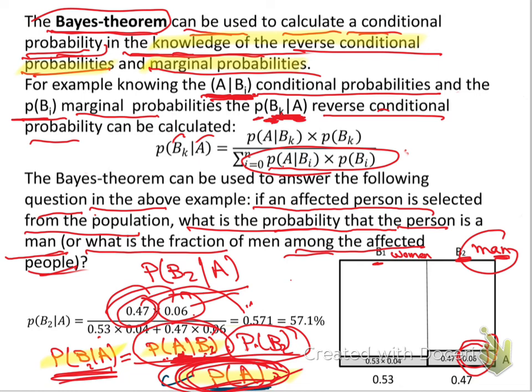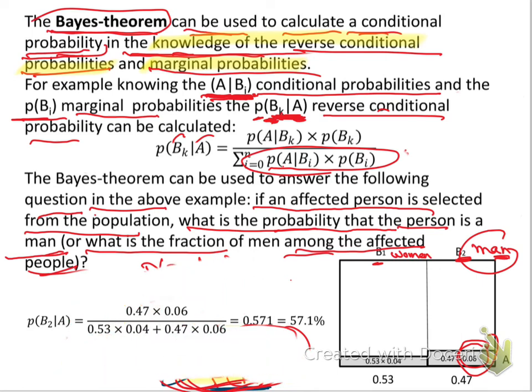So it will be 0.53 times 4% for the first term, plus 0.06 times P of B2, which is 0.47. If we finish this calculation, we end up with the result, 0.571, which is 57.1%.